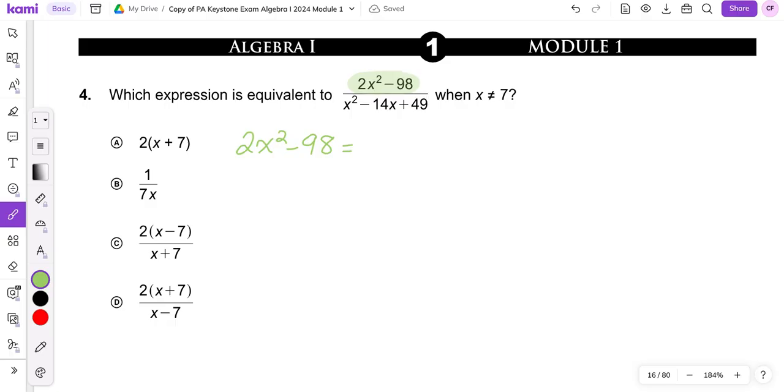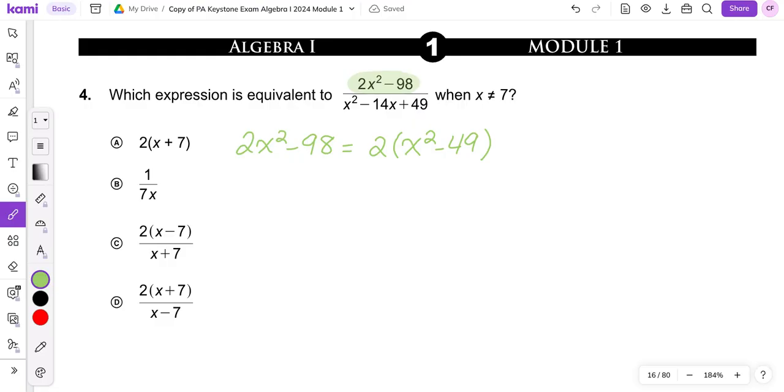So a good hint there is one of two things. We either factor out with the GCF or look for the difference of two squares. Well, 2 and 98 are not perfect squares, so we're going to have to factor that 2 out. And when we do, we get 2 on the outside and x squared minus 49 on the inside.